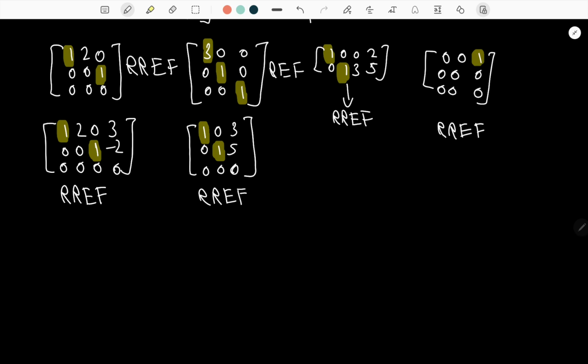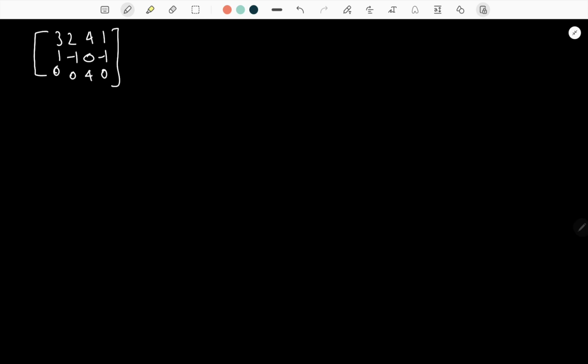So now let's look at how to convert a matrix into RREF. So we have a 3 by 4 matrix here, and we want to convert this into RREF. So first thing we can see is the first pivot is 3, and we cannot divide this.